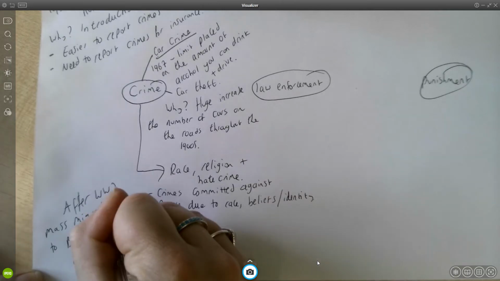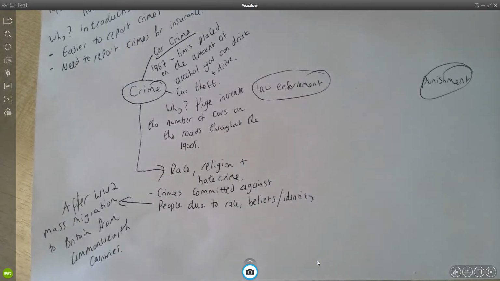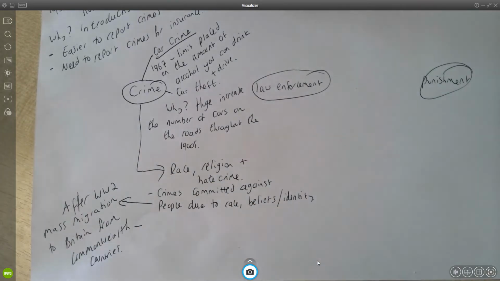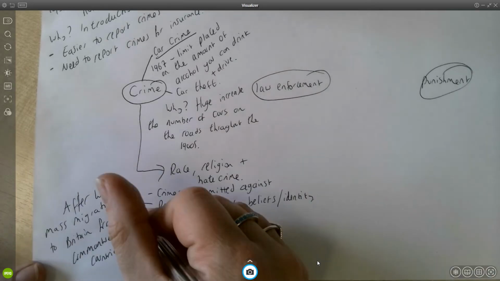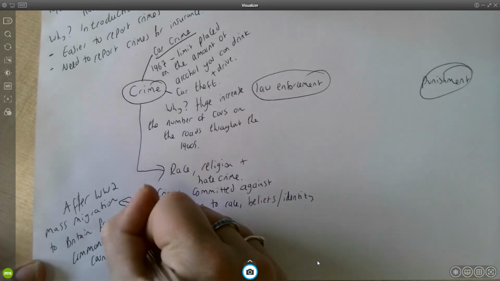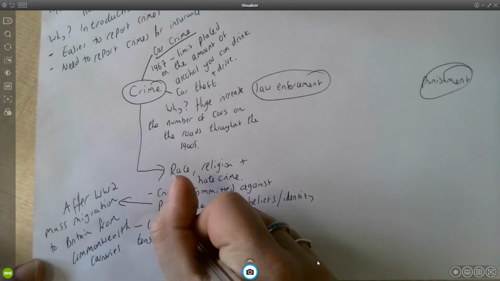And this migration leads to rising tensions, particularly in poorer communities, because the people who are already there, already struggling, feel like their opportunities, they may lose out on them due to this migration. So it creates rising tension in communities.